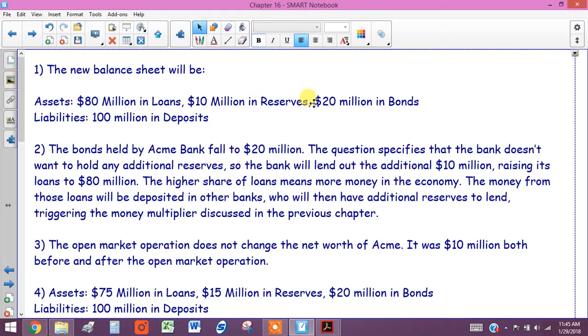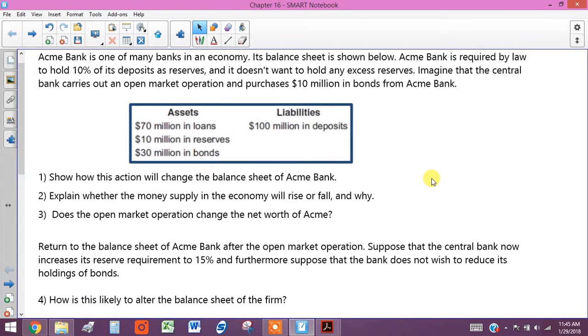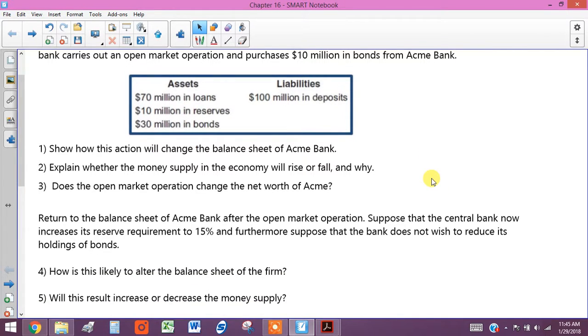So they have 110 million in assets, and they have 100 million in liabilities, and that was true at the beginning right here as well. So that hasn't changed.